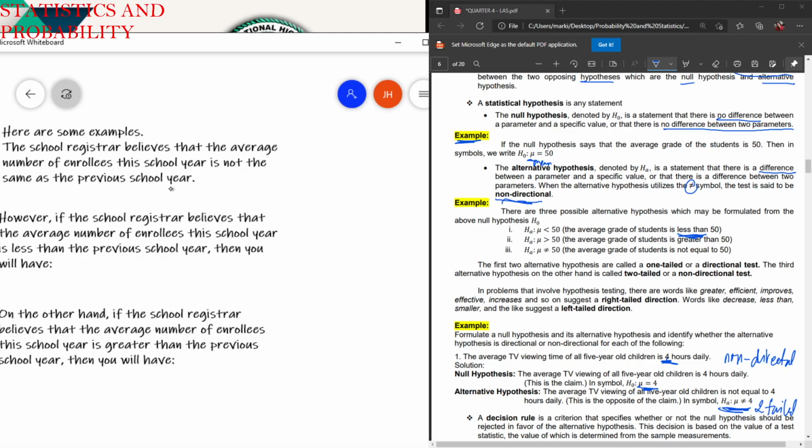Okay, so what could be our null hypothesis here?